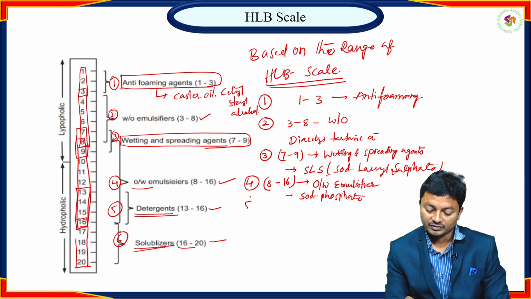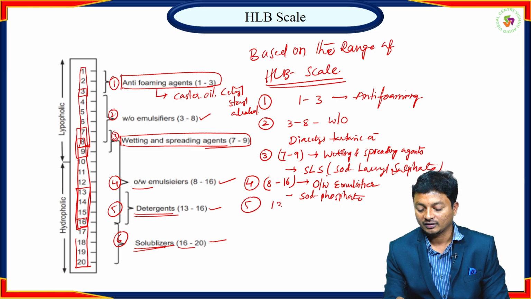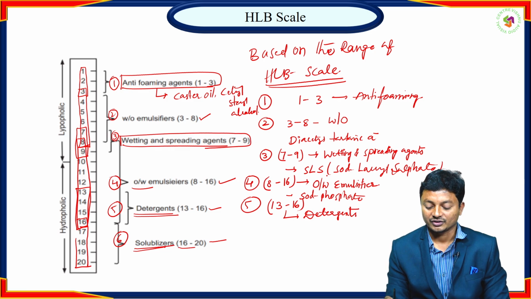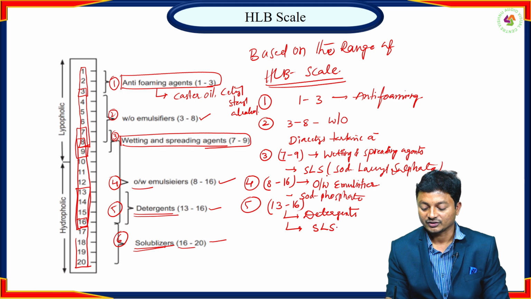And then similarly, the fifth type of surfactant here is the range 13 to 16. This indicates detergents. And an example for the detergent is again SLS.